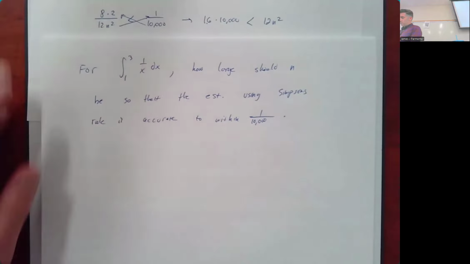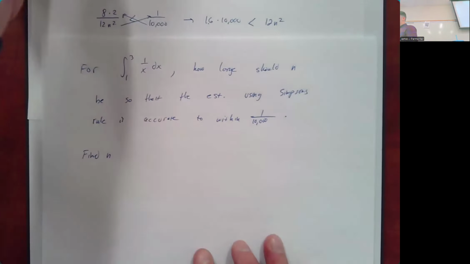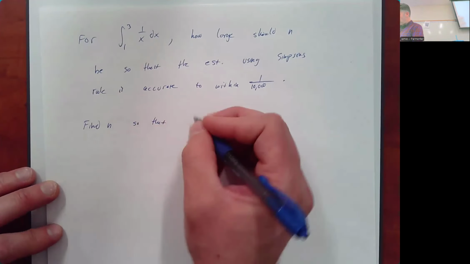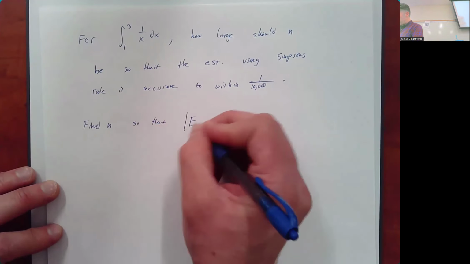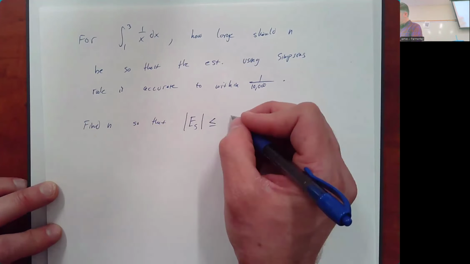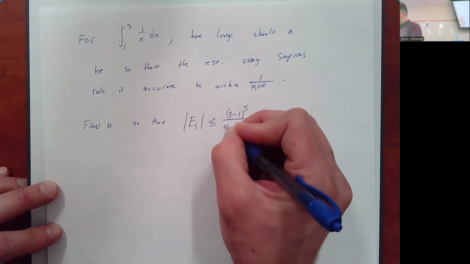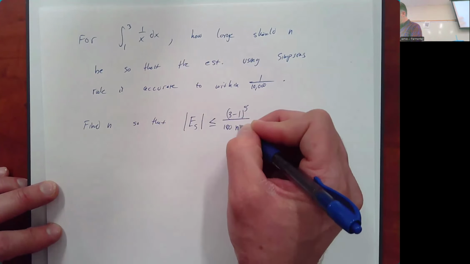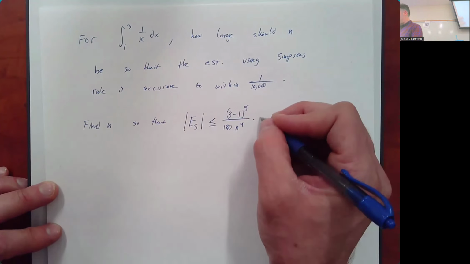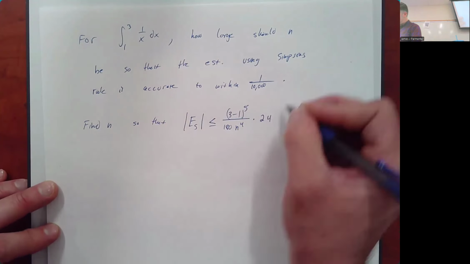Same process. So we want to find n so that our error using Simpson's rule, which is less than or equal to (b minus a) to the 5th over 180 times n to the 4th times the maximum of the absolute value of the 4th derivative, which we found to be 24 last time.